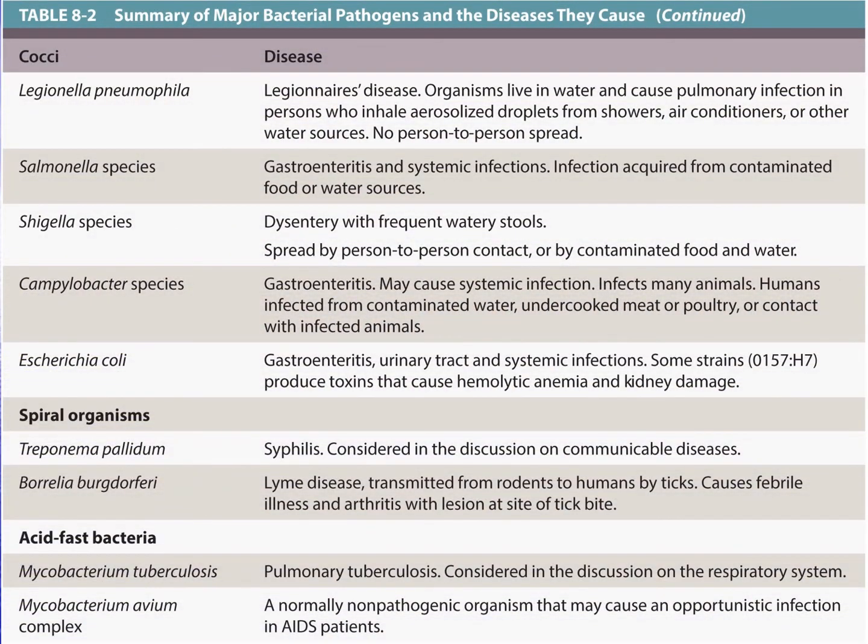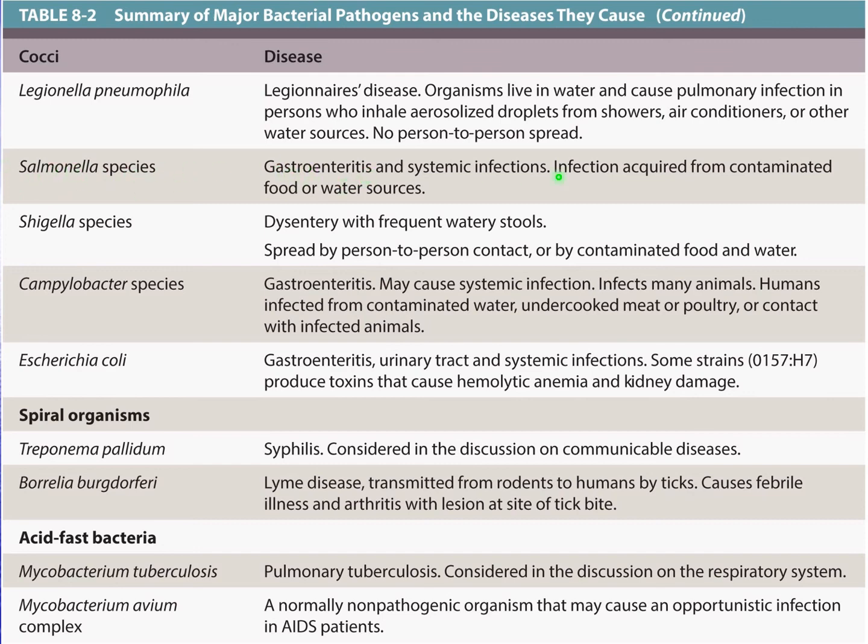Some more of these bacilli, and again, this is an error here, so these are actually gram-negative bacilli. Legionella pneumophila causes Legionnaires' disease, which is a respiratory disease. Salmonella, of which there are several different species, causes primarily gastroenteritis.